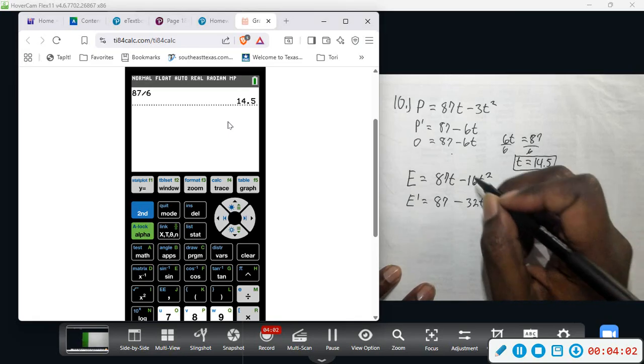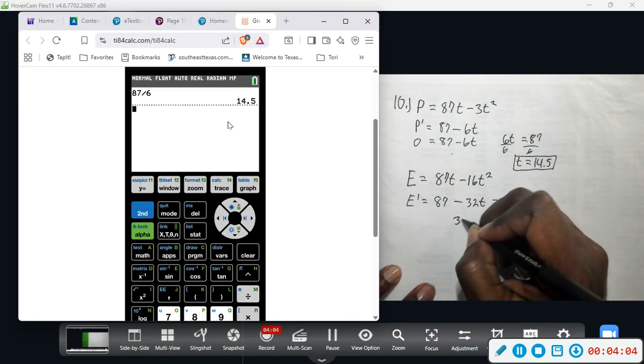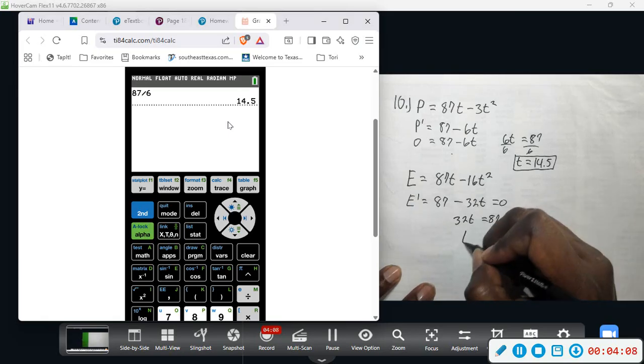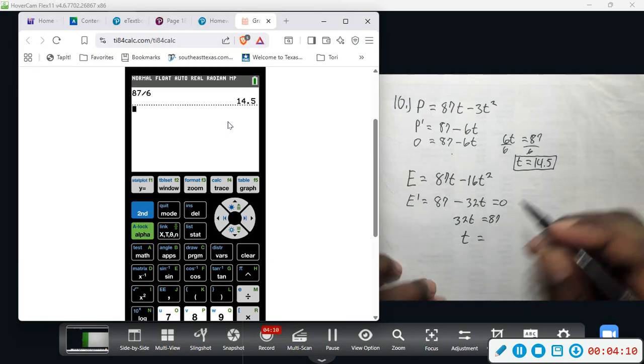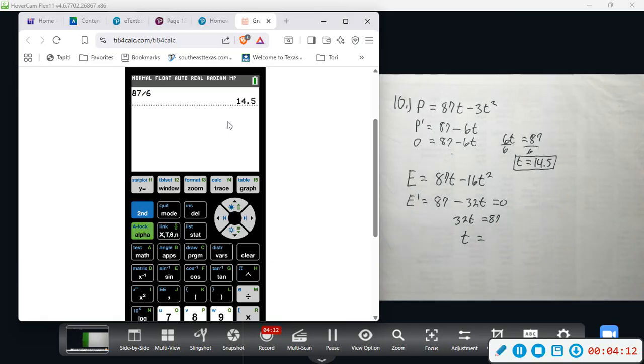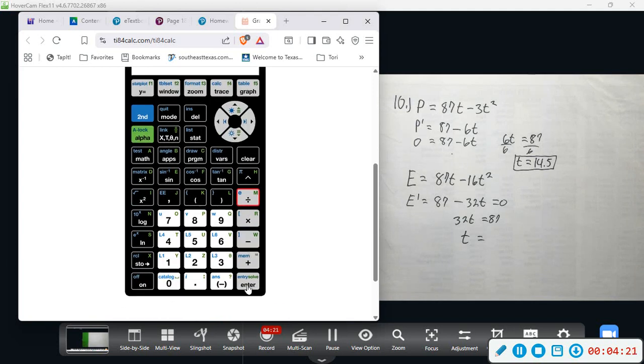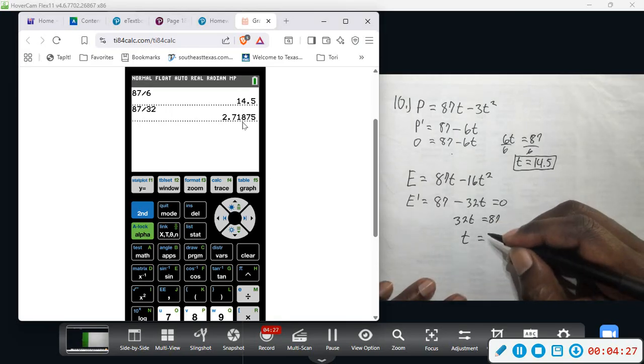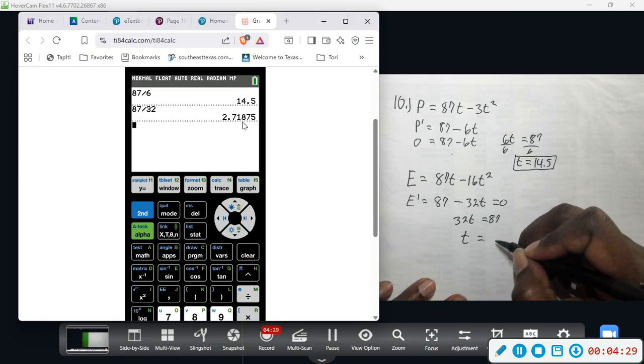Set this equal to 0, so we'll get 32t equals 87, and then we'll divide by 32. And so we'll get 87 divided by 32, and that'll give us the time it reaches its maximum height on the Earth, after about 2.72.